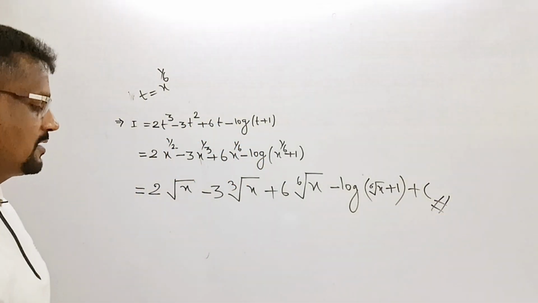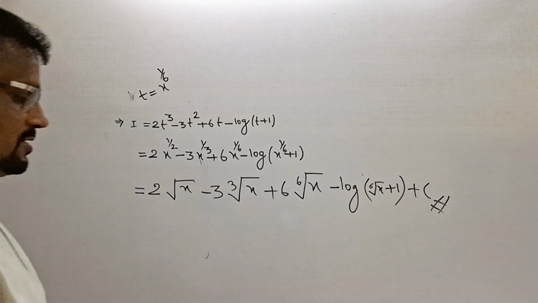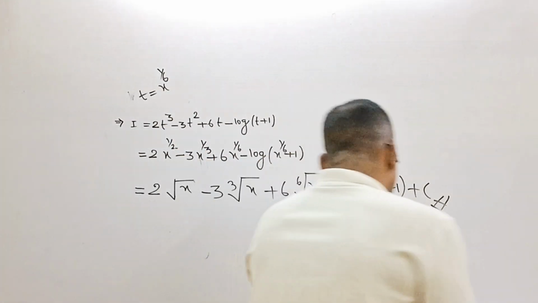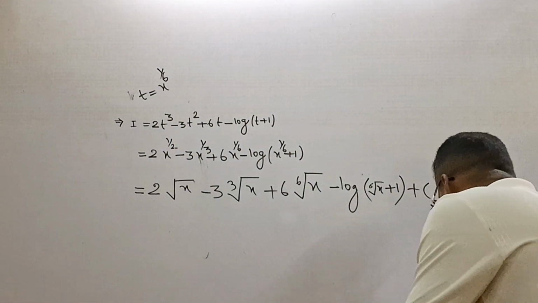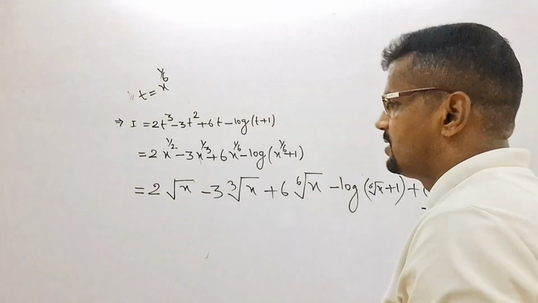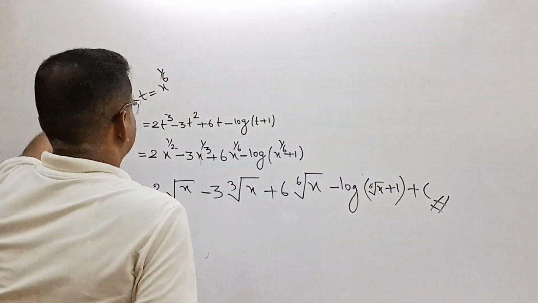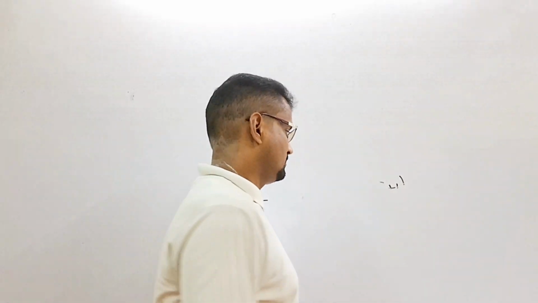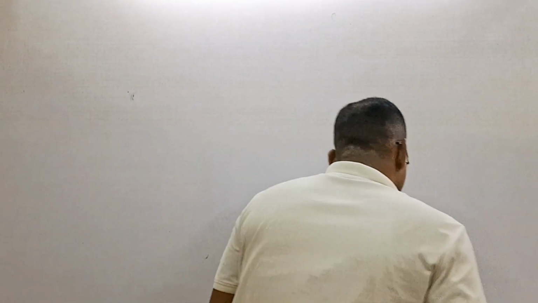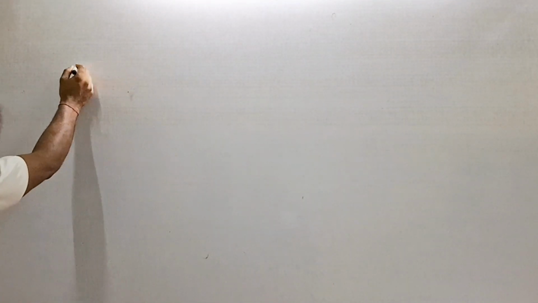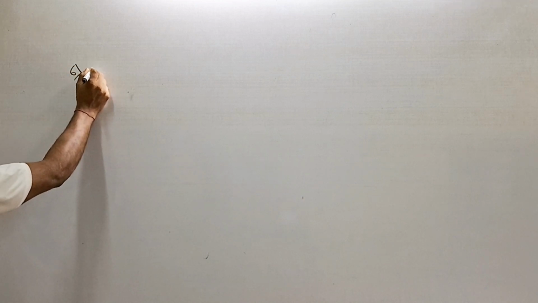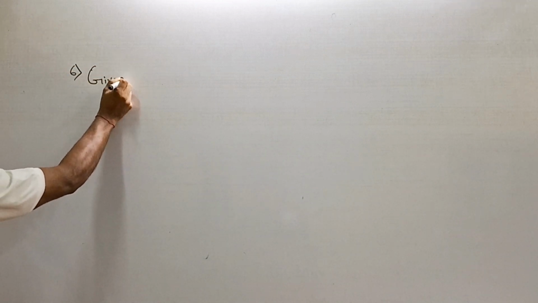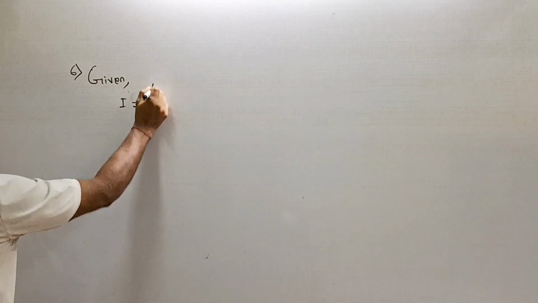Now, let us take the next question. This was question number 5. Now we are going to take question number 6. In question number 6, let me write the integration at first.